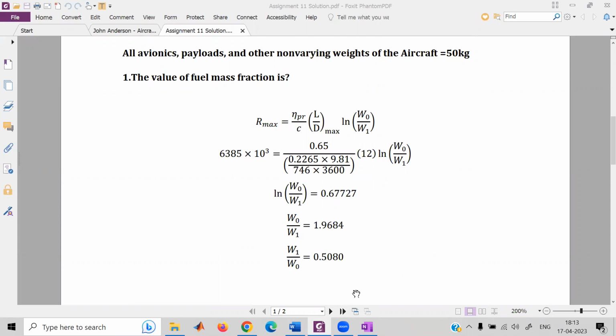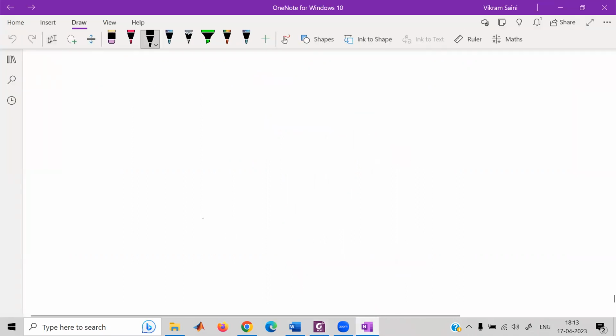So we will only discuss the way the problem is given. There are two things I can see: one is W naught and one is W1. So what is W naught? Gross weight, or the total aircraft weight along with the fuel. Okay. So the situation is like this. You start your cruise at 0 and you end your cruise at 1.